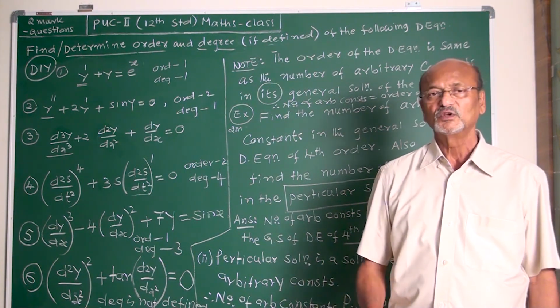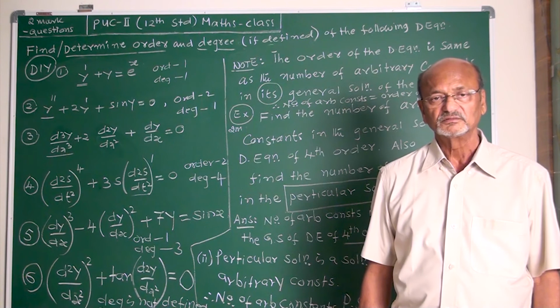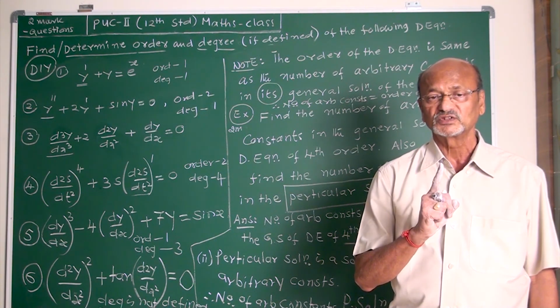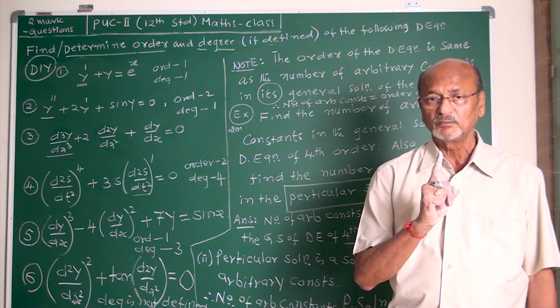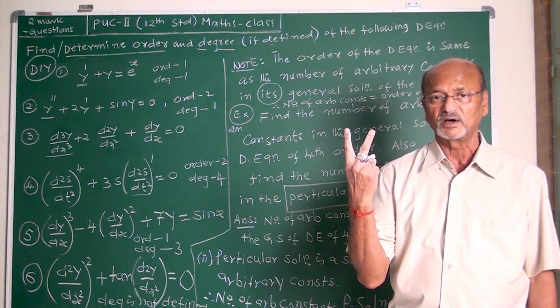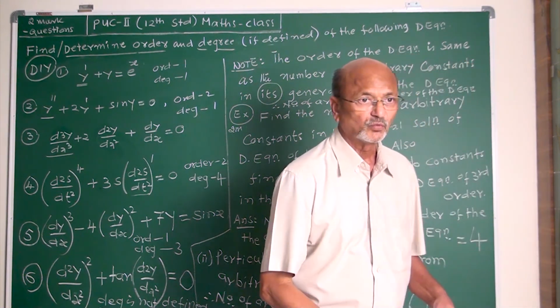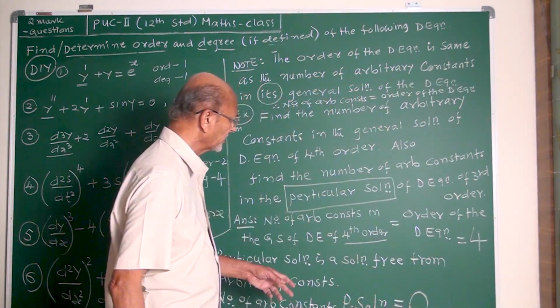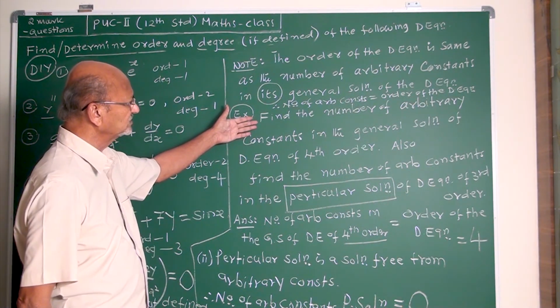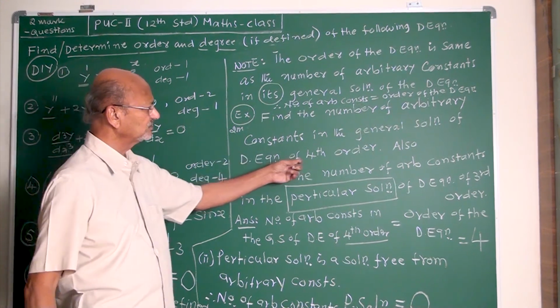Yes, my friends. With this, I have completed 1 mark and 2 mark questions for integration. Application means only differential equations under 2 mark questions. There are no 1 mark, 2 mark questions otherwise, but for 1 mark they may ask only one part like this: the number of arbitrary constants in the general solution of a differential equation of order 4.